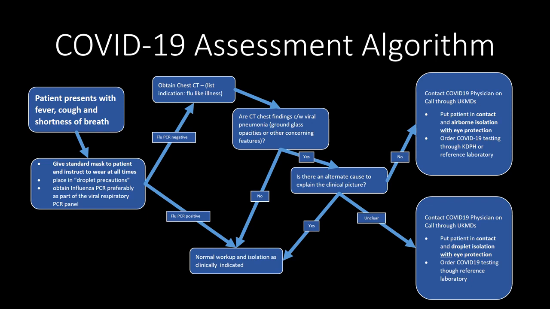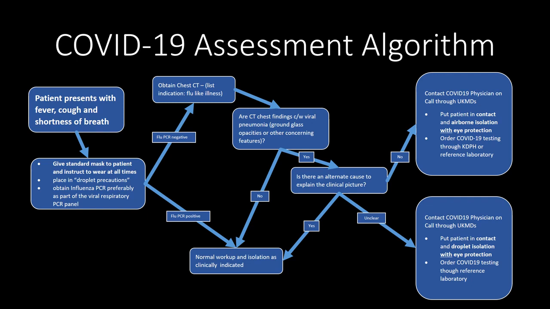For patients under investigation for COVID-19 infection or patients presenting with fever, cough, and shortness of breath, we have developed a basic assessment algorithm. When the patient is first presenting with fever, cough, and shortness of breath, they can be placed under droplet precautions and given a mask to wear at all times.